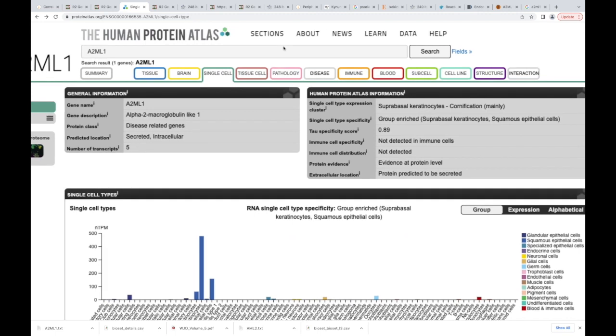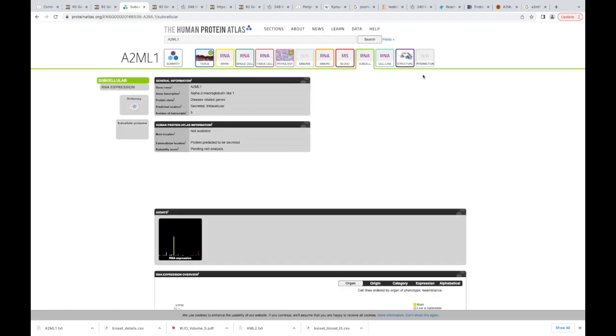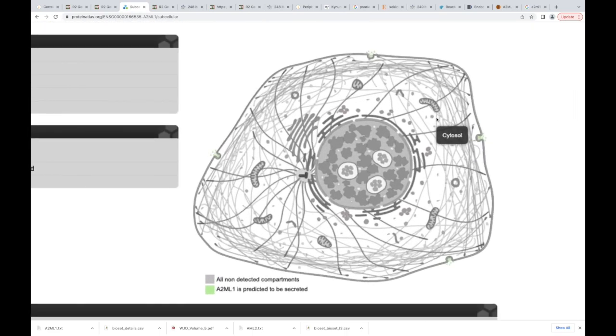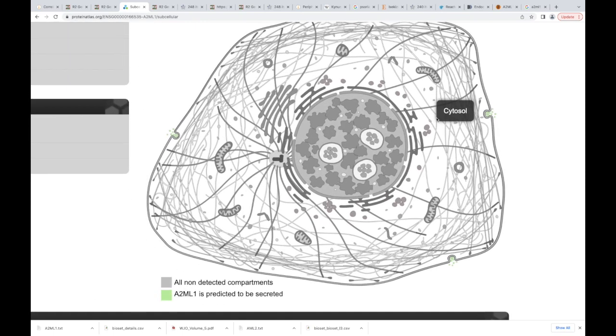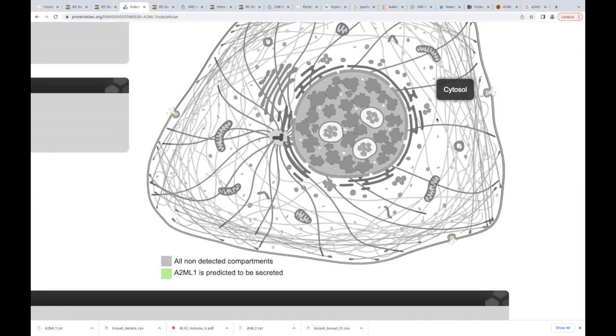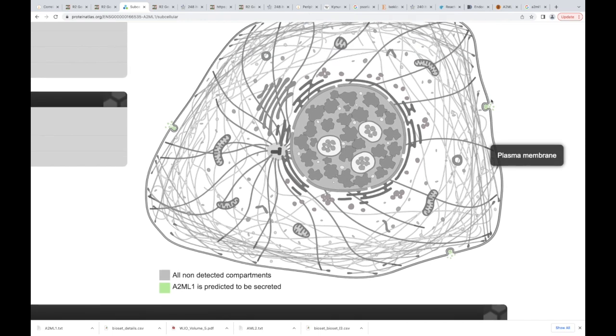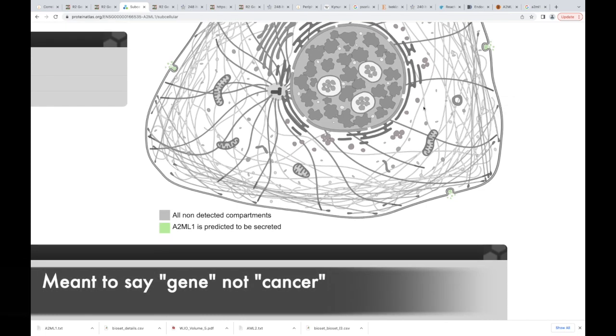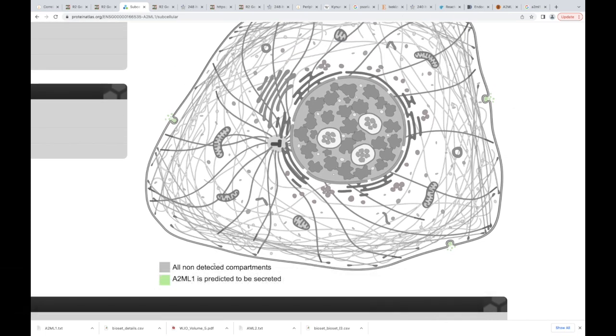And let me see, I think it's, go to subcell. There's one where it has a diagram, and oh, here it is. So anything in green is where it shows up on the cell. Here's what I think is very interesting about this cancer: this gene product is being secreted.